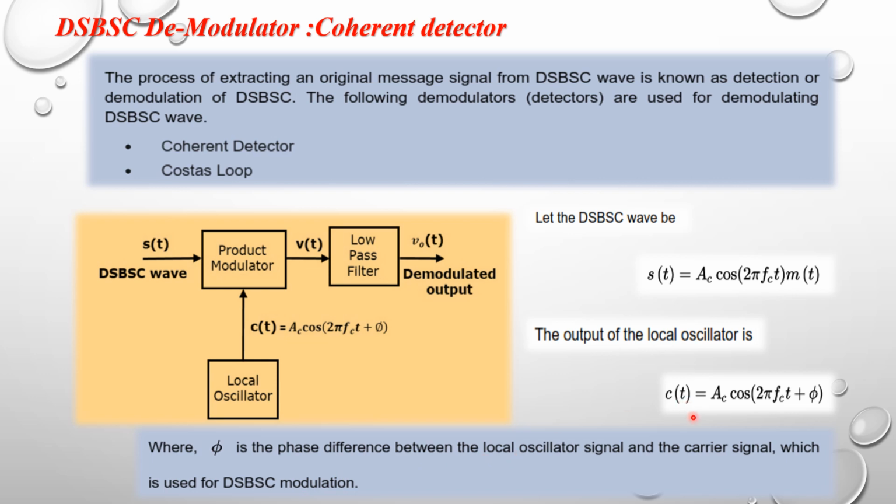The carrier signal is represented mathematically as Ac cos 2πfct, while the local oscillator output, or demodulator circuit carrier, is Ac cos(2πfct + ψ). Now we have to find the mathematical equations for the product modulator output as well as the low pass filter output.